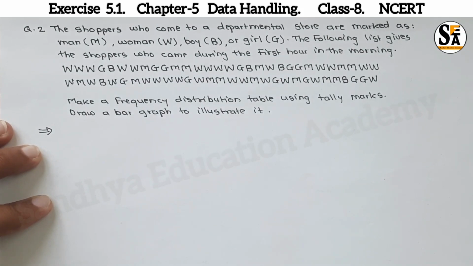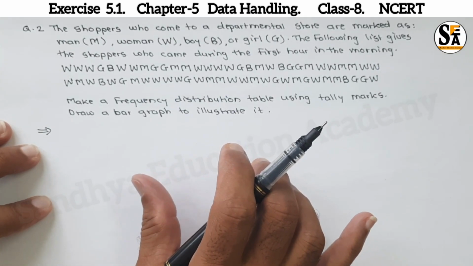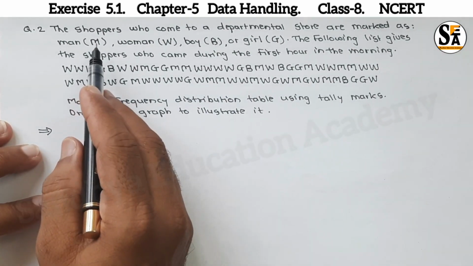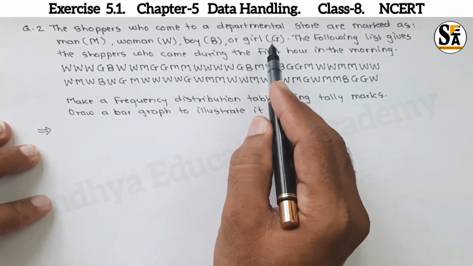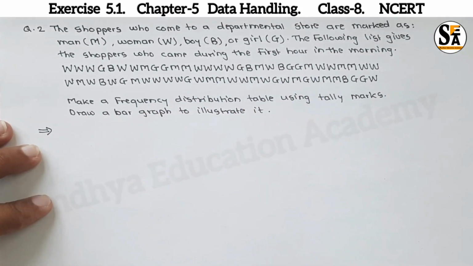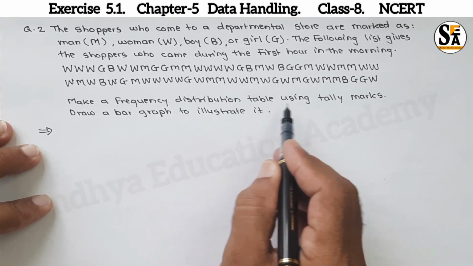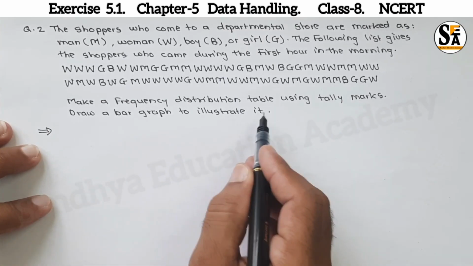Here are the observations for the first hour. And what is asked? Make a frequency distribution table using tally marks. Draw a bar graph to illustrate it.